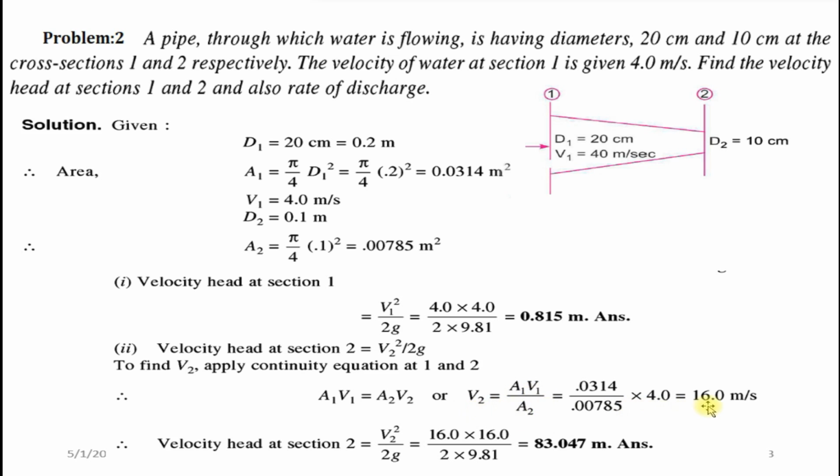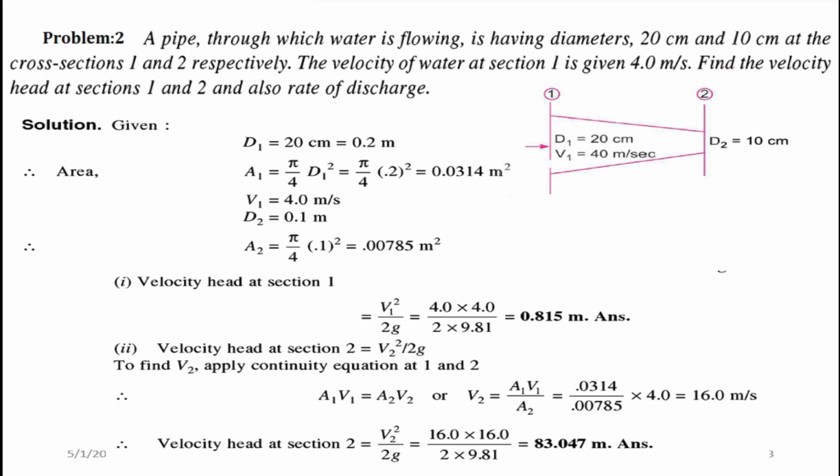Find out 16 meter per second. So velocity head at section 2, v2 square by 2g, equal to 83.047 meter. With the help of this continuity equation, you can find out v2, and with this v2, you can find out velocity head at section 2.